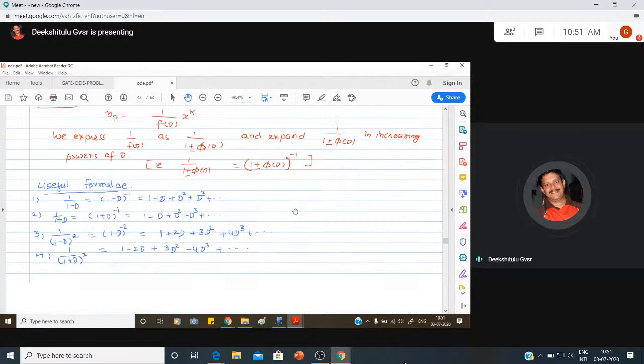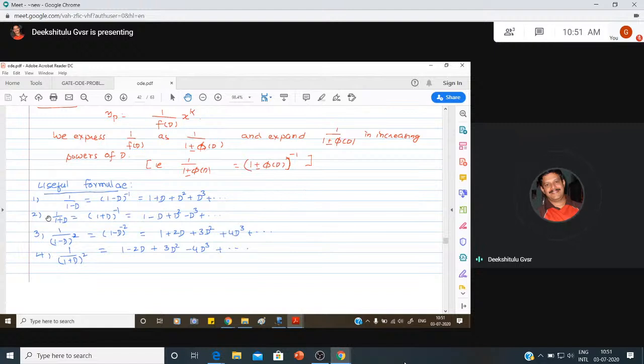So we need to learn some basic formulae here, recollect. We don't say learn, we know all these formulae, we have studied them earlier, but anyhow, let us recap these things. Useful formulae: 1 by 1 minus d. Say for example, phi of d is d only. So 1 by 1 minus d is 1 minus d whole inverse, that is 1 plus d plus d square plus d cube plus so on and so forth.